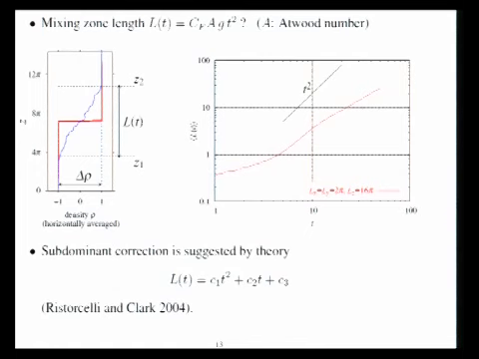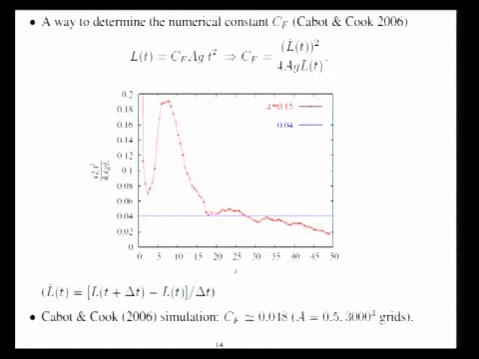Many people argue the reason we don't see a clear t-scaling law is that there's a subdominant correction, and this constant is quite small. In order to see this t-square law, it's convenient to look at this object, which was also discussed in Dr. Young's talk yesterday.